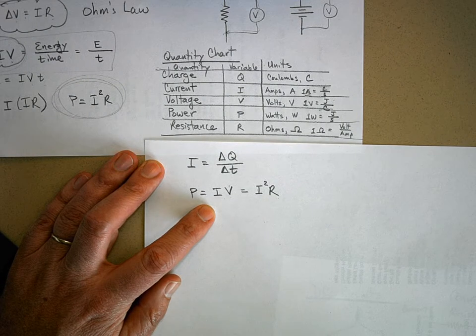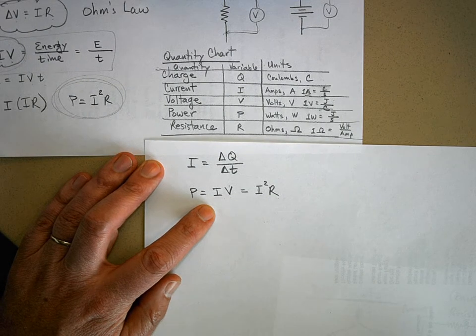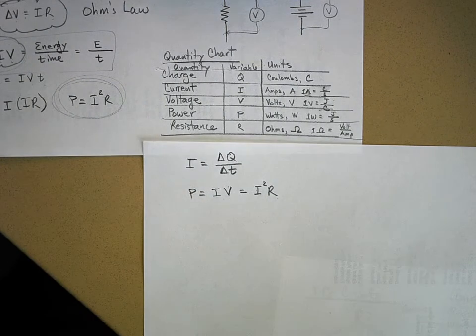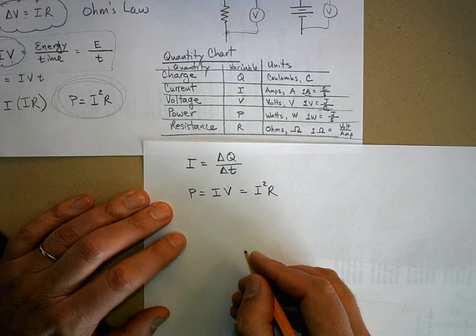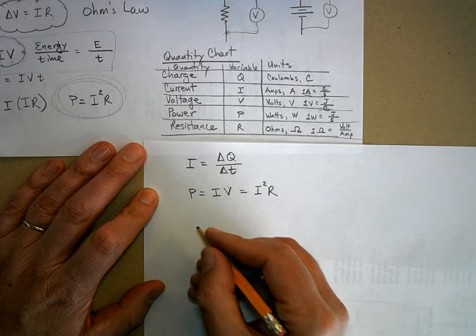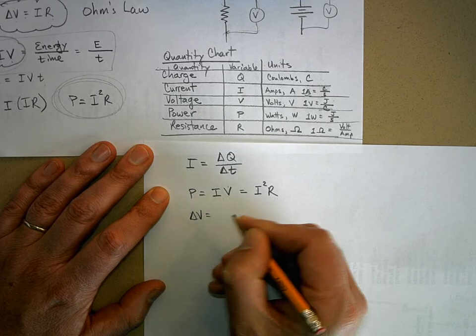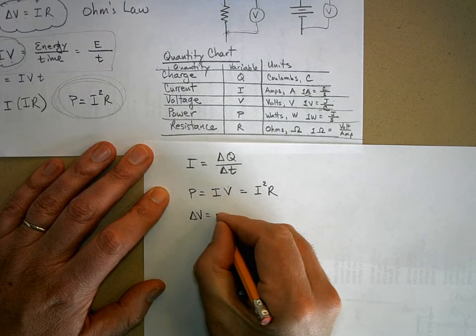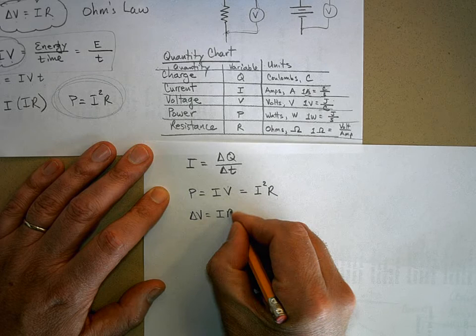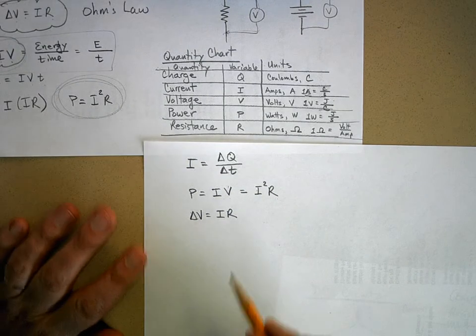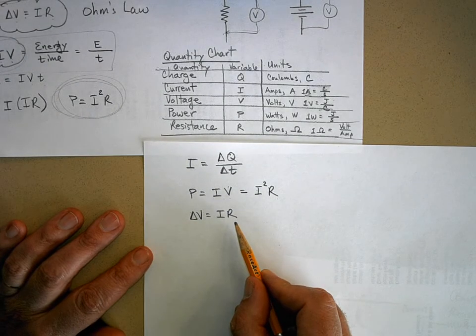Okay, they should be equal to each other in a circuit because you have to conserve energy. Then we have Ohm's law, where a change in voltage across a resistor is equal to the current times the resistance. Now, this really comes from the definition of resistance. We just rearranged it a little bit.